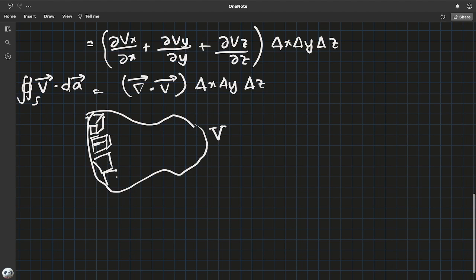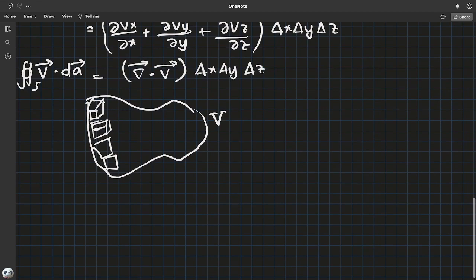Notice that just like Stokes theorem, the contributions of the sides of the cubes that are adjacent to each other are going to 0, because for this bottom face and this top face, those two area vectors are equal and opposite in magnitude, so they will just cancel off.